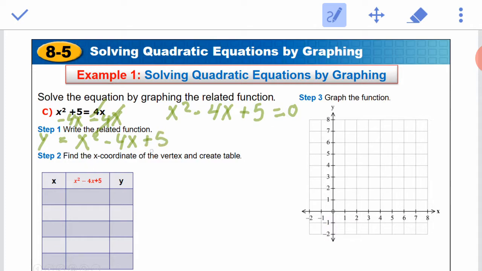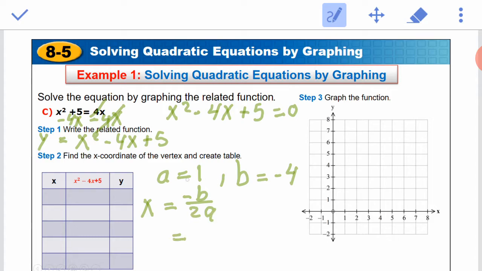Let's find the x coordinate of the vertex. It guides us to start from what value and to stop at what x value. So my a value in this equation is the number in front of x squared, it's 1, and the b value is equal to -4. Remember, the line of symmetry formula is used to find the x coordinate of the vertex, -b over 2a.